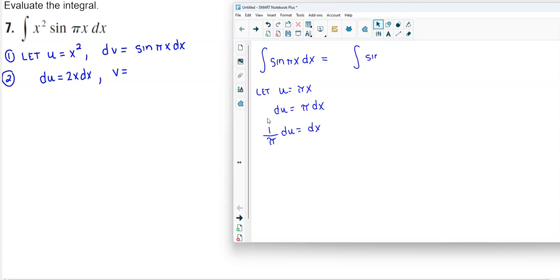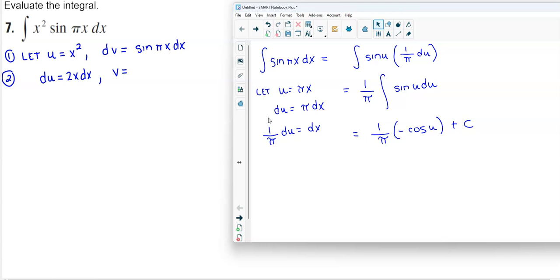So we want to integrate the sine of u times 1 over pi du. We factor out the 1 over pi, and we get the sine of u du. So we have 1 over pi times negative cosine of u, plus c.